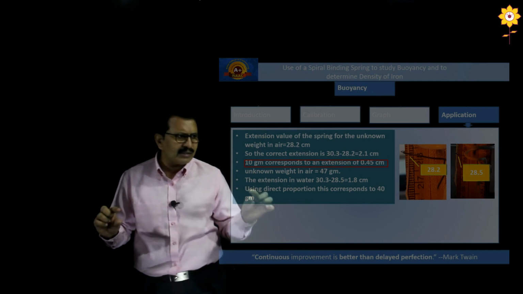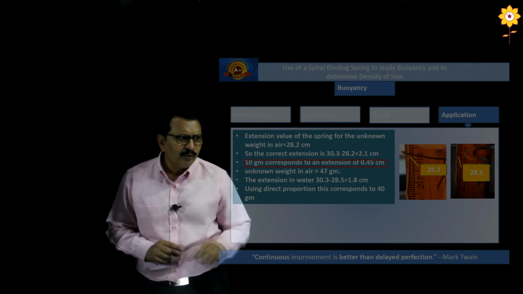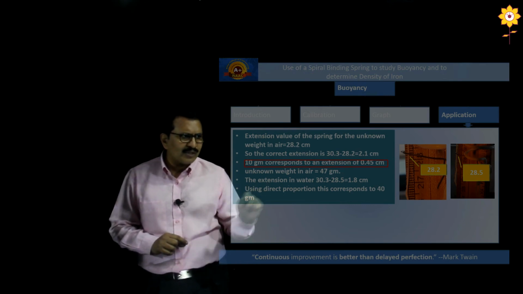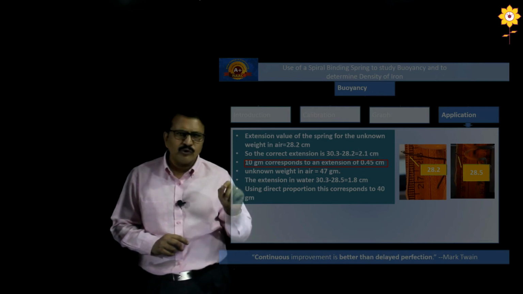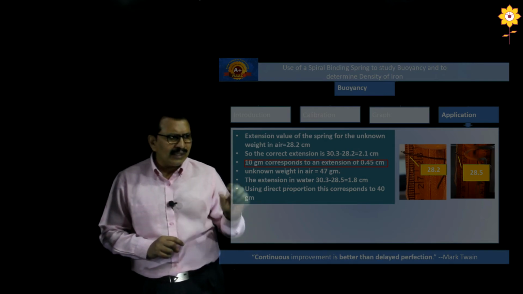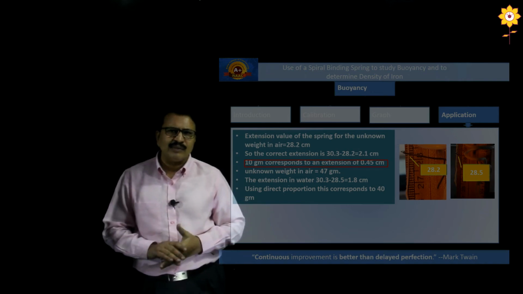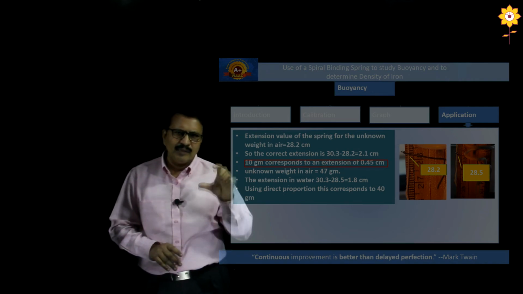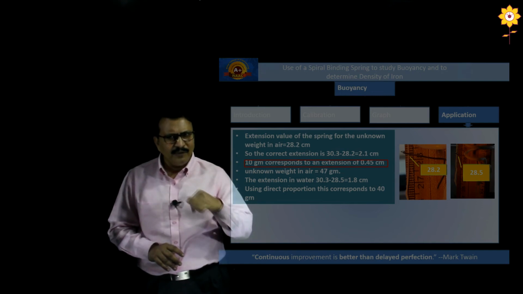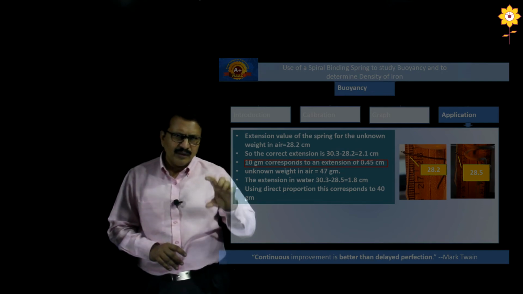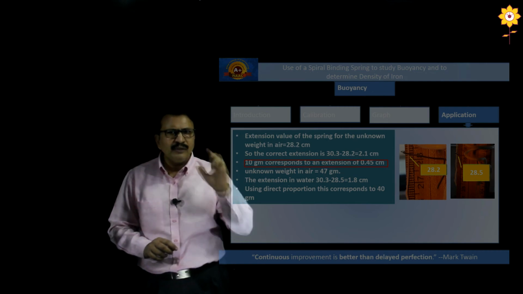Using our basis, that is, for every 10 grams, this will correspond to an extension of 0.45 centimeters. We are taking a direct proportion, and therefore the unknown weight in air is found to be 47 grams. Similarly, now we dip the same weight in water, as you must have seen in the video, and we measure the extension.